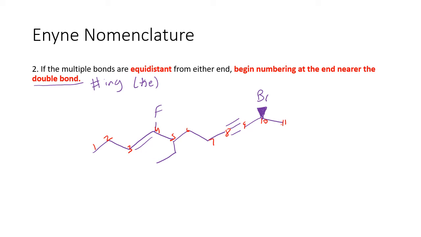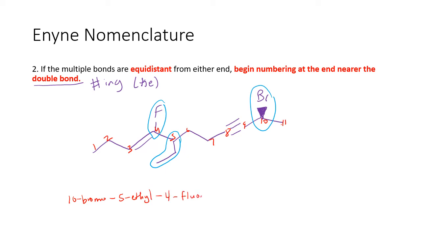So now that we have our numbering down, let's look at what our substituents are. We have a fluoro at 4, an ethyl at 5, and a bromo at 10. So putting those in alphabetical order, we're going to have 10-bromo, 5-ethyl, 4-fluoro, that's F-L-U-O-R-O, and then now we're going to indicate the position of our double bond in our name.